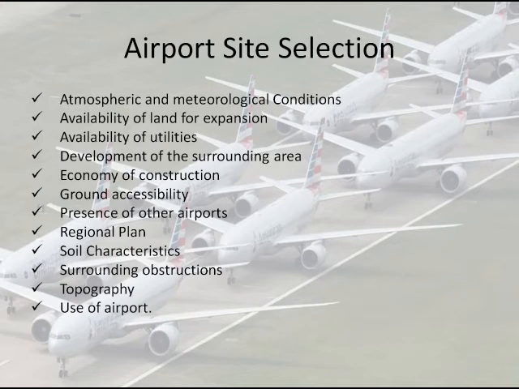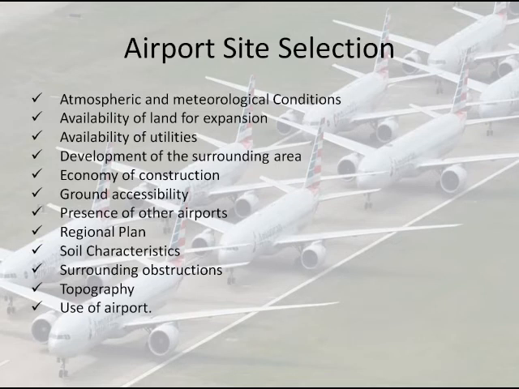The location of the airport at a considerable distance from the center of the population may cause great inconvenience to the users. All modes of transport should be considered for easy ground access to the airport.